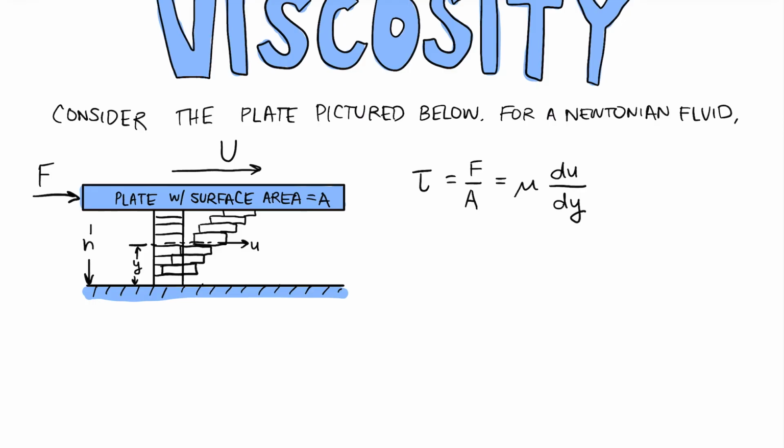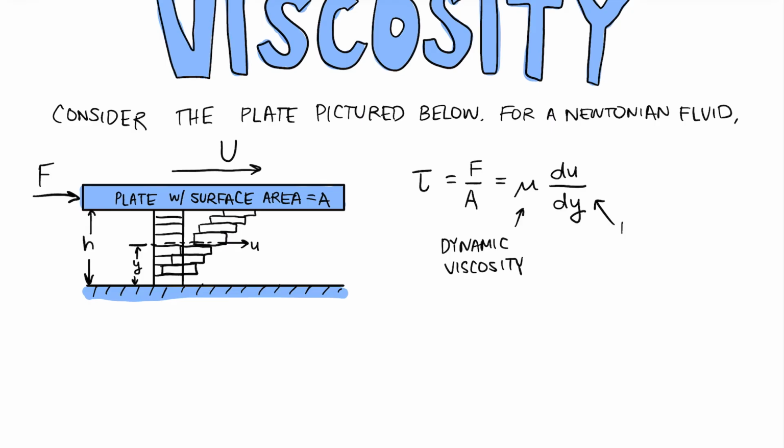Let's label a couple other things. This total height here, we're going to call h. And then mu is the dynamic viscosity of the fluid. So when the viscosity is higher, the shear stress that develops in the fluid is going to also be higher.